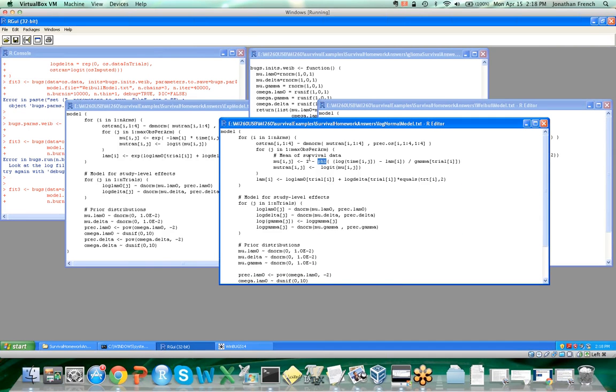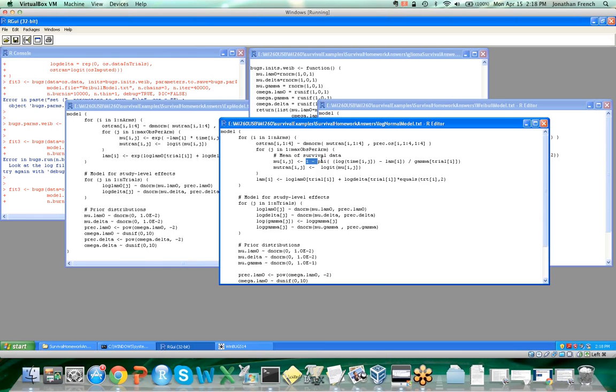And if you remember your Statistics 101 class, the survival function is just 1 minus the cumulative distribution function. So if a time to event variable follows a log normal distribution, then the survival function should be 1 minus the cumulative distribution function for a normal distribution.